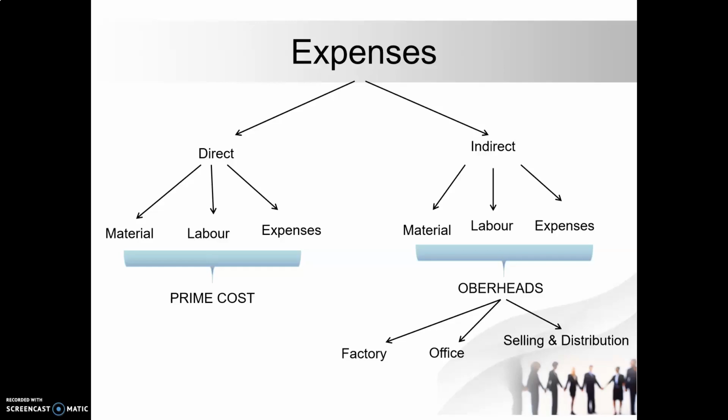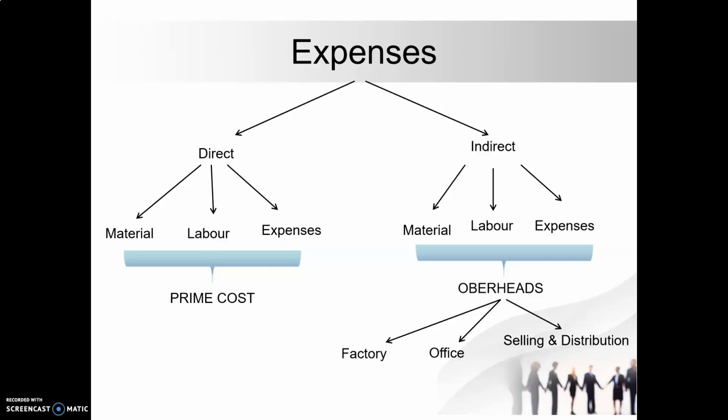Now indirect expenses are all those expenses that are not directly involved with the production of an item. So all these material, labor and expenses which are indirect in nature are called overheads. Material: the grease for the machinery, the oil for the machinery, these are material, but they are not used in the production of the pen, but they were used for the machine that was manufacturing the pen.